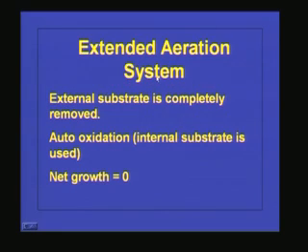Now we will see the modification called the extended aeration system. In the activated sludge process the biomass is present, the wastewater comes in with high organic matter, and we provide aeration. During aeration the organic matter is converted to carbon dioxide, water and fresh cells.